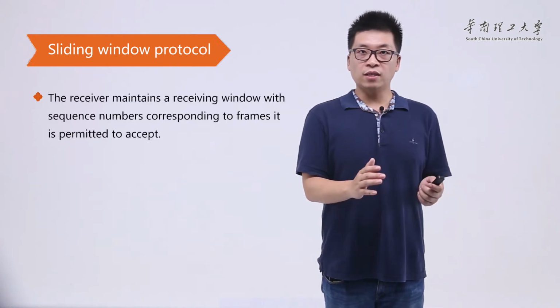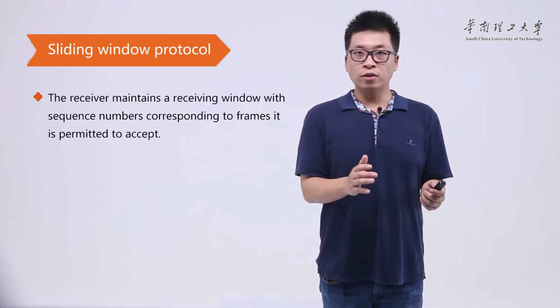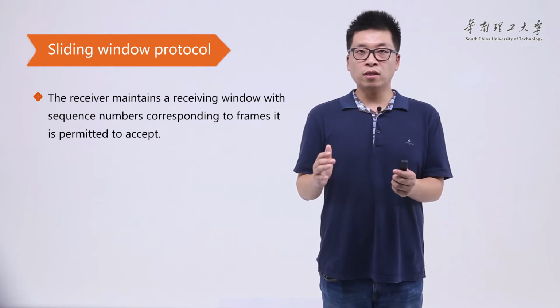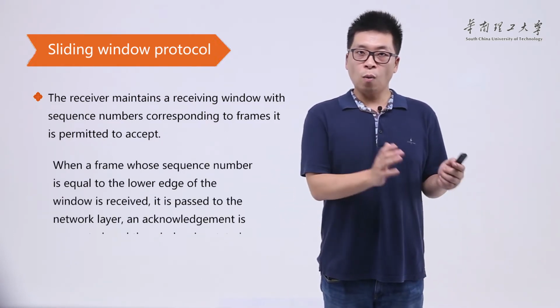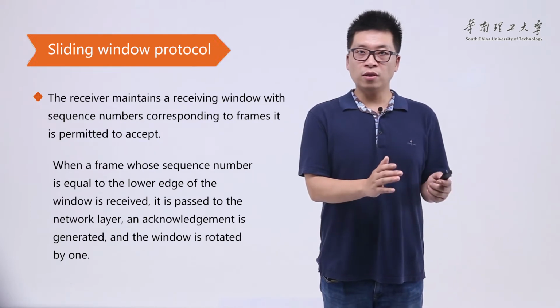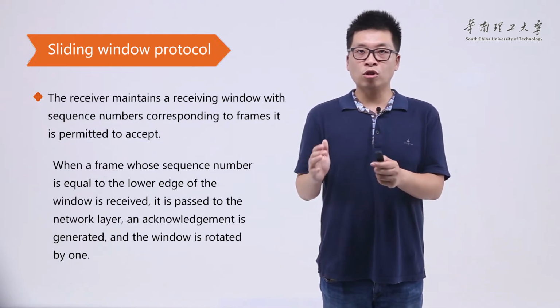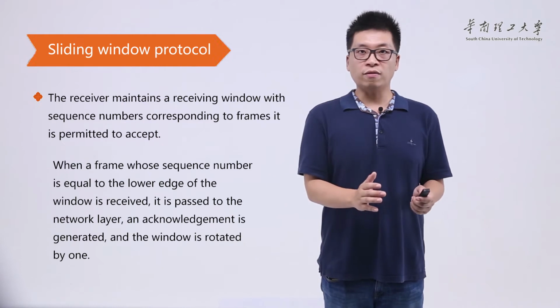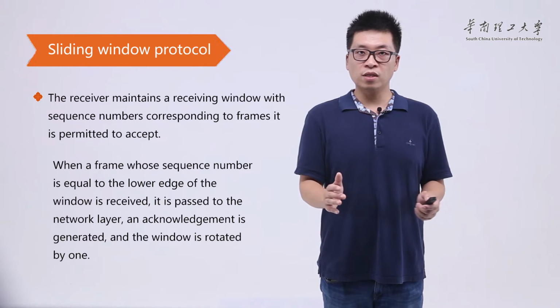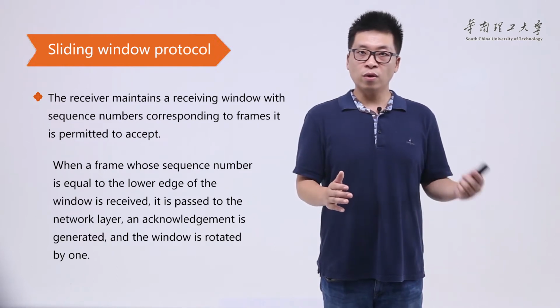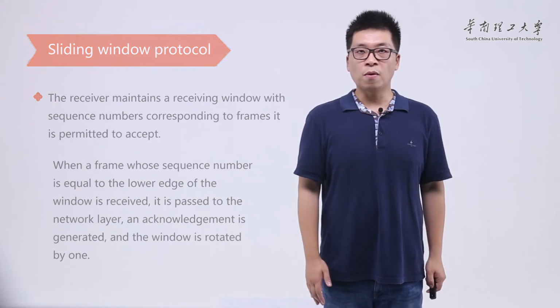The receiver maintains a receiving window with the sequence numbers corresponding to frames it is permitted to accept. When a frame whose sequence number is equal to the lower edge of the window is received, it is passed to the network layer, an acknowledgement is generated, and the window is rotated by 1.